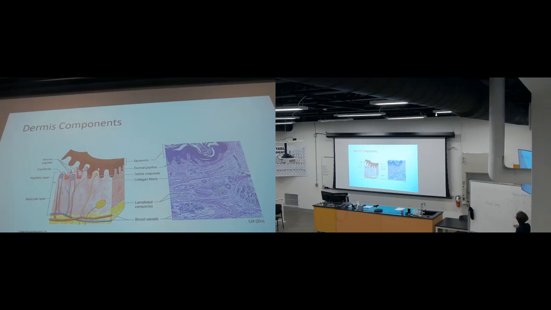And then last time, we talked about what is the importance of having this arrangement. I mean, it would be very easy to have the epidermis just flat like this, and then on the bottom, the dermis just flat.